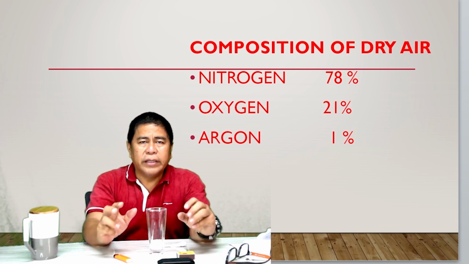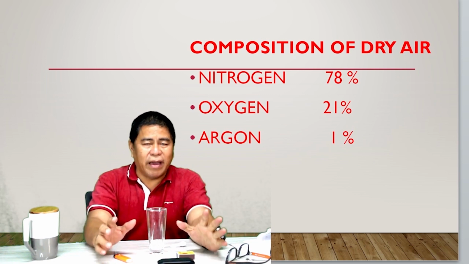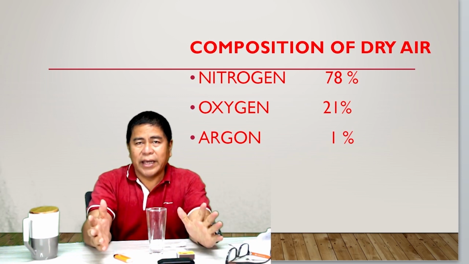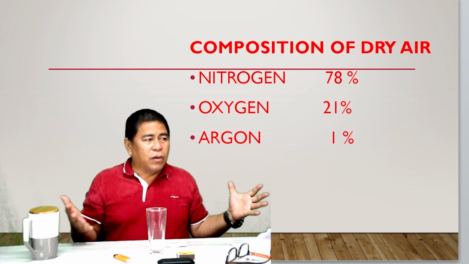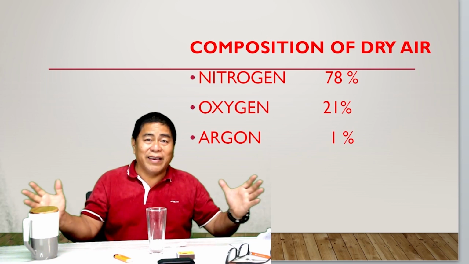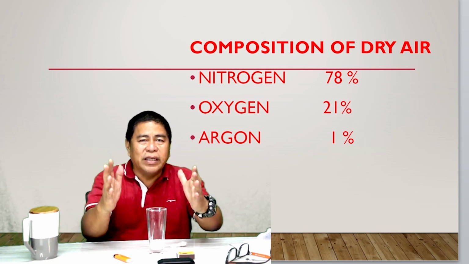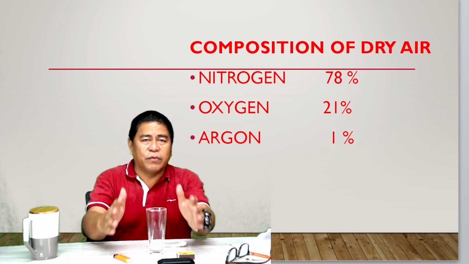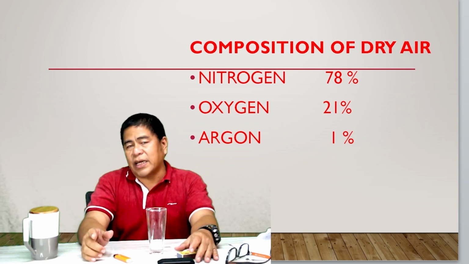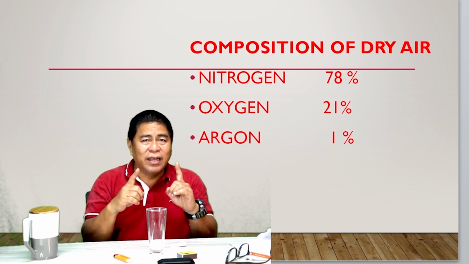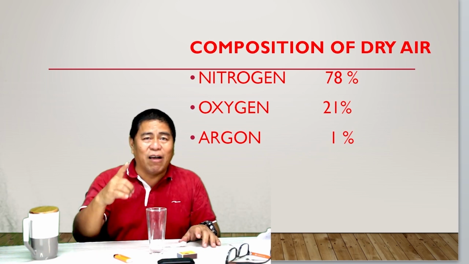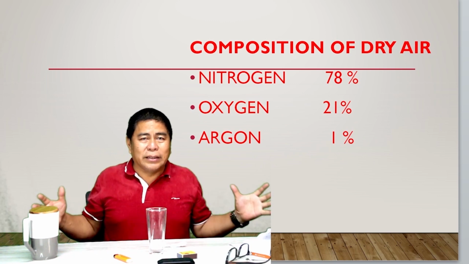Alam mo po, the composition of dry air, yun, 78% is nitrogen. Like for example, now, I am inhaling oxygen, which is part of what you call the dry air. The percentage of oxygen is 21%. And in the discussion of fire, you need oxygen. So 21% is available sa ating paligid.